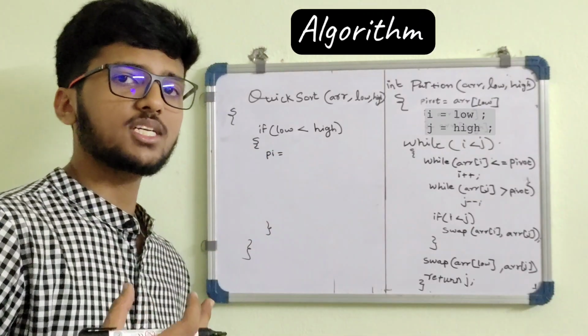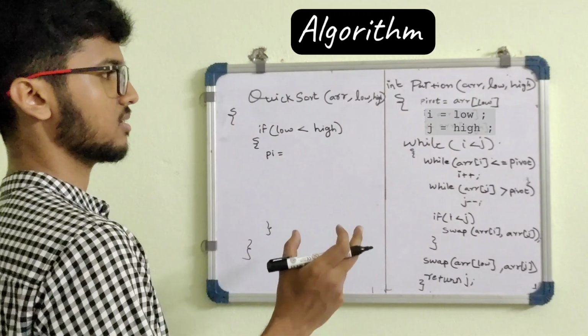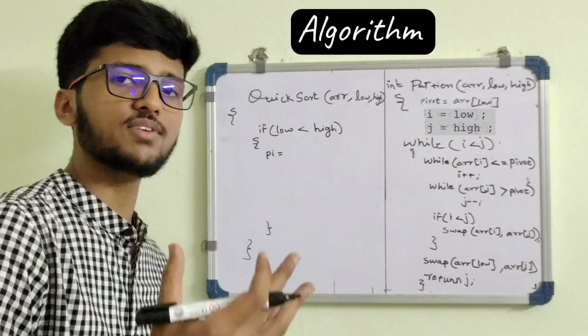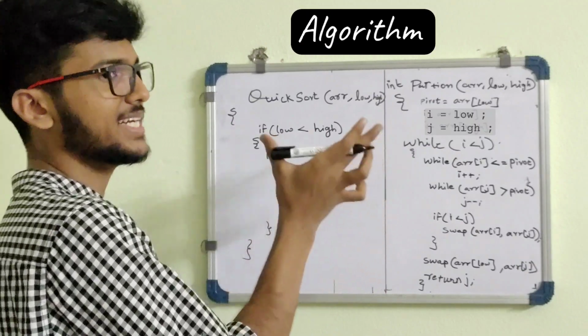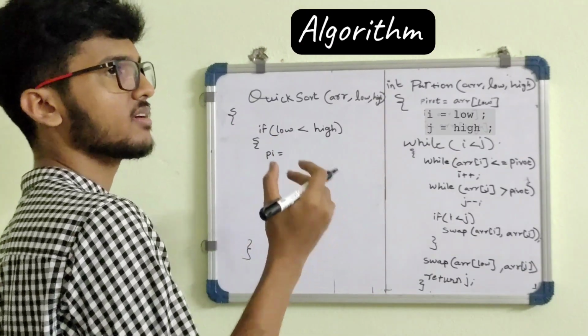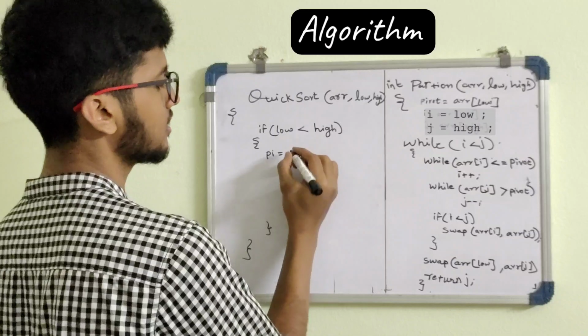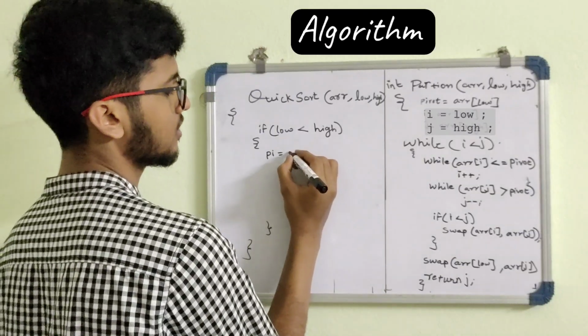how would I know the partition index of the first? Initially we are going to perform this partitioning on the whole array, the complete array. That means initially from the lower to higher, right? So that's what we do.